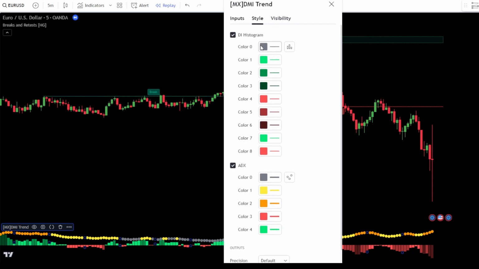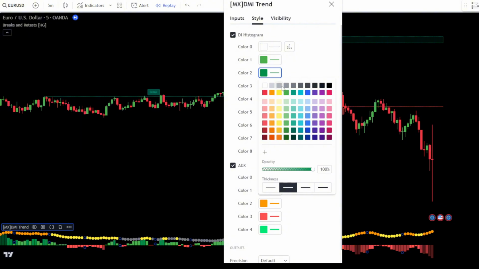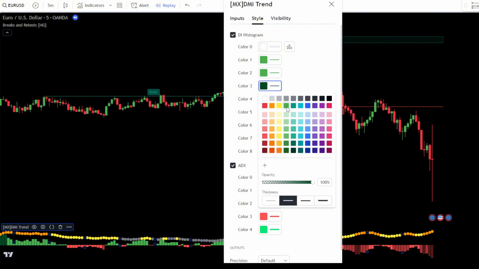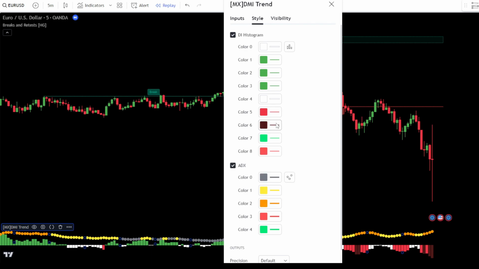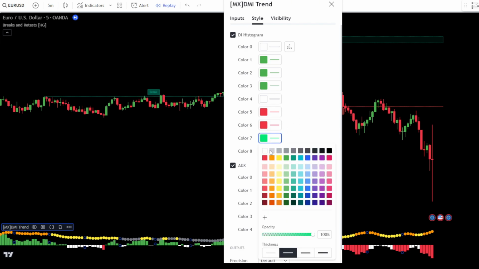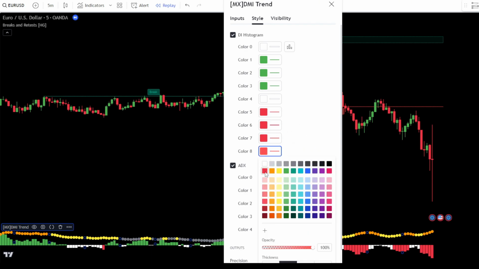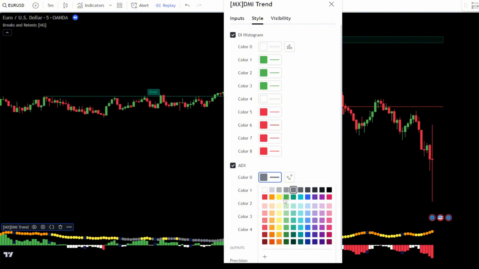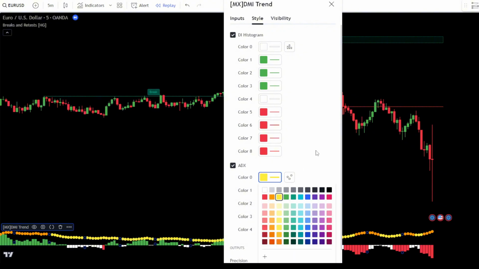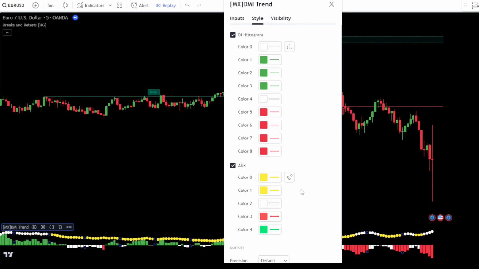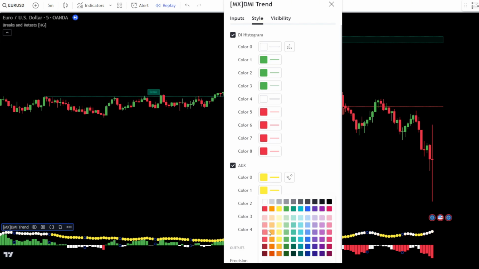Go to the Style tab and follow the settings as I do. Once done, simply click OK to confirm the changes.